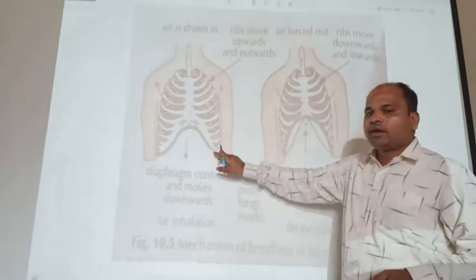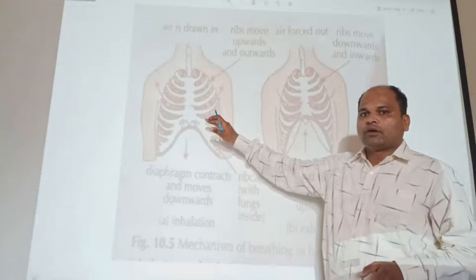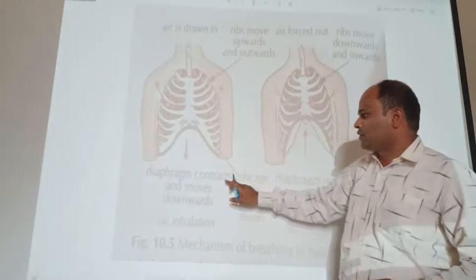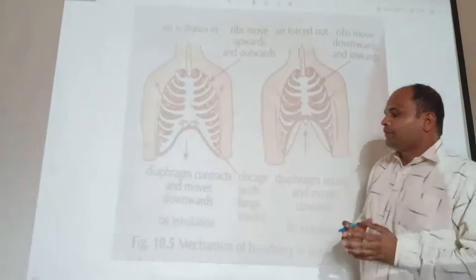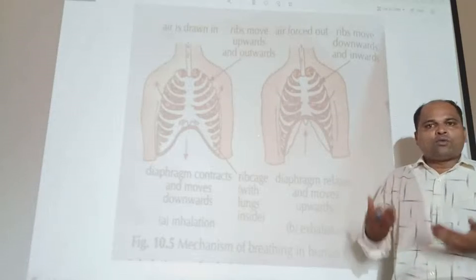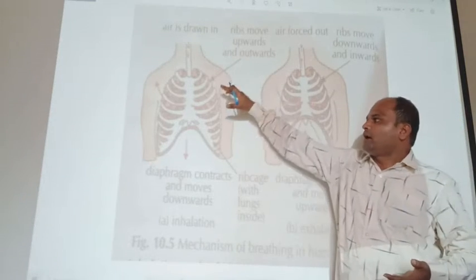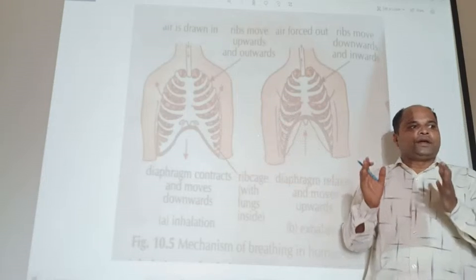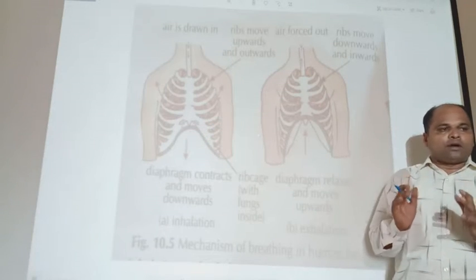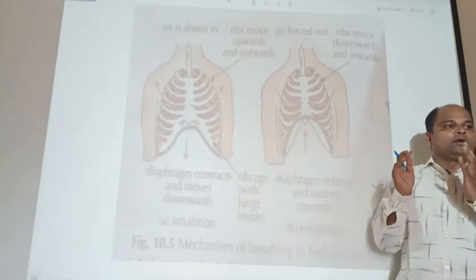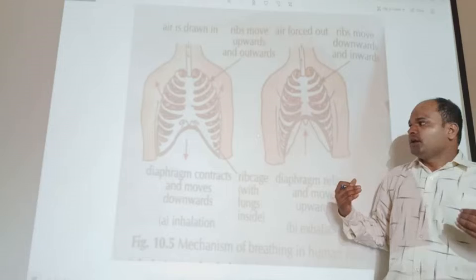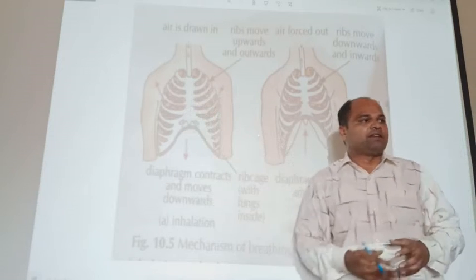This is the diaphragm, and it contracts and moves downward. So the upward and outward movement of the ribs and the downward movement of the diaphragm increase the space in the chest cavity.